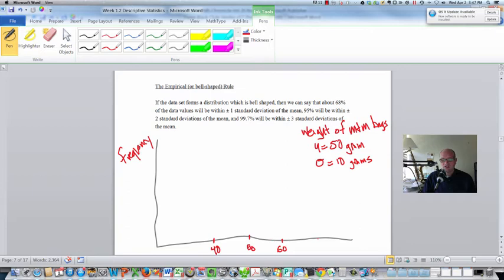If I go another standard deviation away, it would be 70 on this side, and over here it would be 30. And then if I go one more, it would be 80, and over here it would be 20. So that is 1, 2, 3 standard deviations to the right, and 1, 2, 3 standard deviations to the left of the mean.